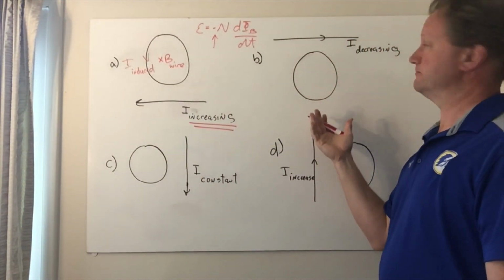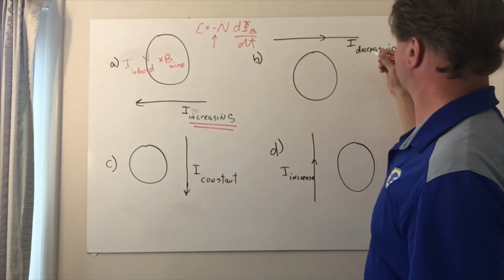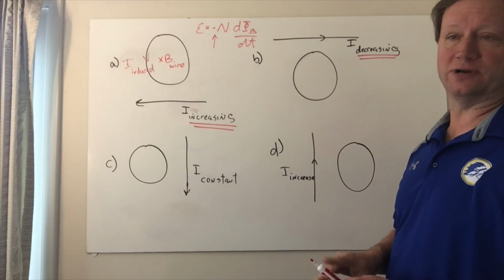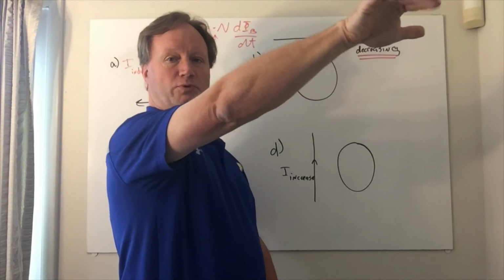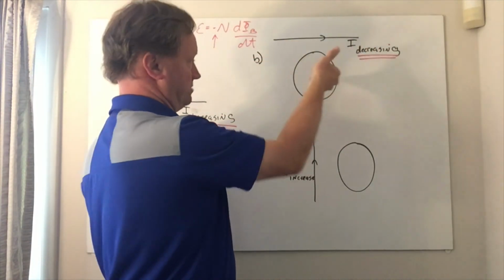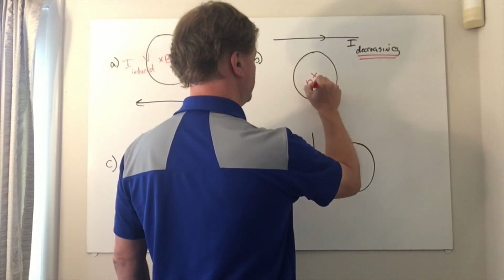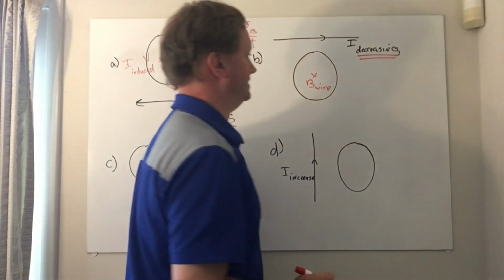Part B, current is going over to the right side and the current is decreasing. If we consider the direction of the magnetic field from that current, thumb points that direction over to the right. On the bottom of the wire, my fingers wrap into, and so here we have the field from a wire into that loop.